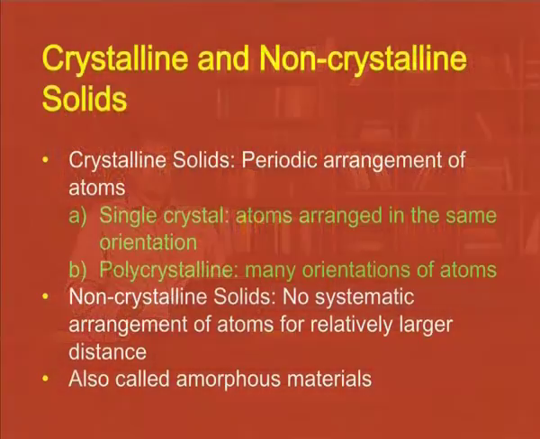First one is single crystals, in which atoms are arranged in the same orientation all along the solid, and the second one is polycrystalline solid, in which there are many orientations of atoms throughout the solid. Now non-crystalline solids are those in which the atoms have no particular orientation. Sometimes they are also called amorphous materials.